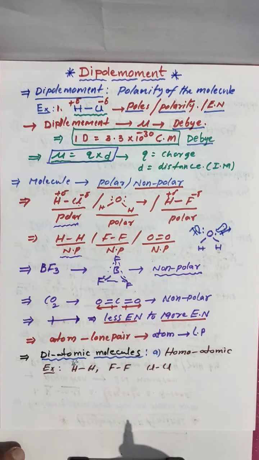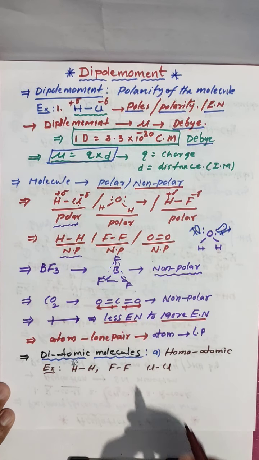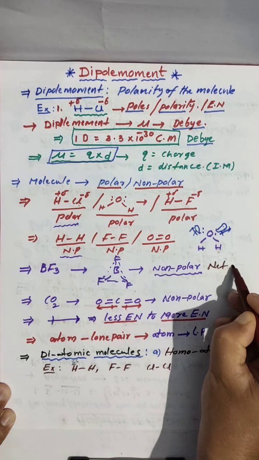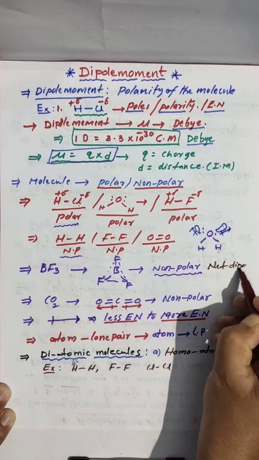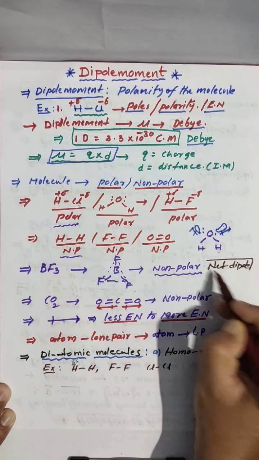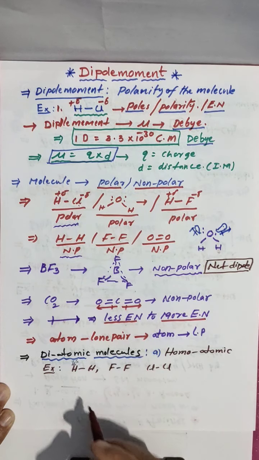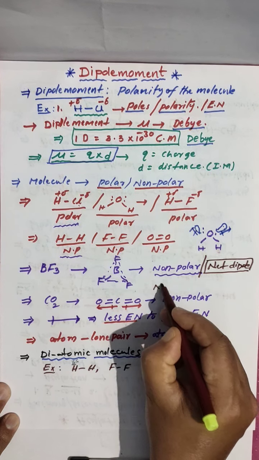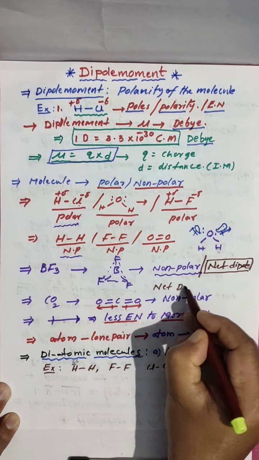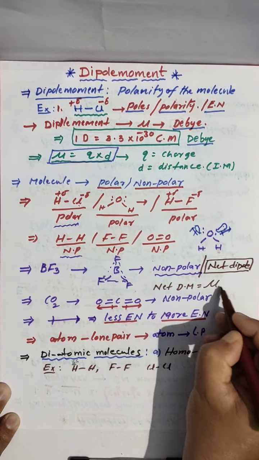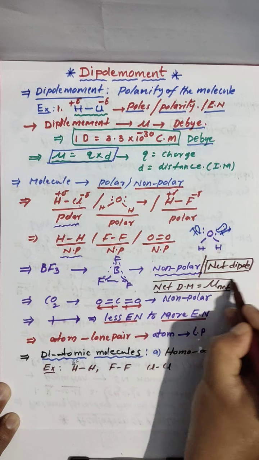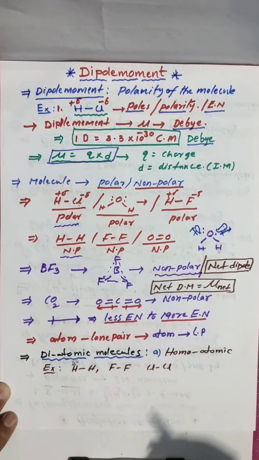So whenever you are calculating dipole moment, you have to remember that you must calculate the net dipole moment, not only the dipole moment. If you know the net dipole moment, then only you can address which is polar and which is non-polar.